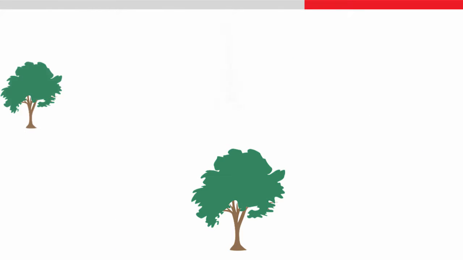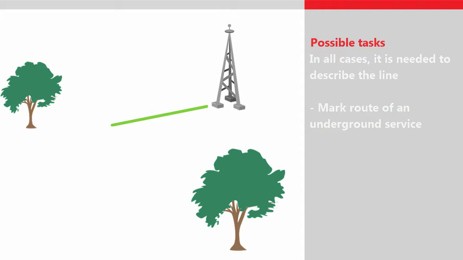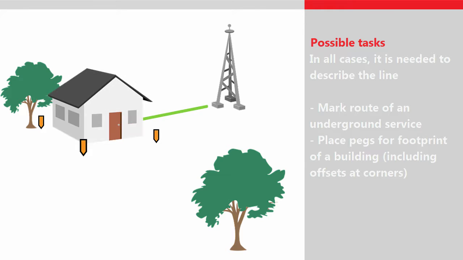Before looking at the apps and what they can do, let's remind ourselves of what the possible task may be. In all cases, it is basically wanted to place pegs or spray marks on the ground which describe the line. For example, mark out the route where an underground service should be constructed. Place pegs for the location of a building footprint, including the offsets to the building.